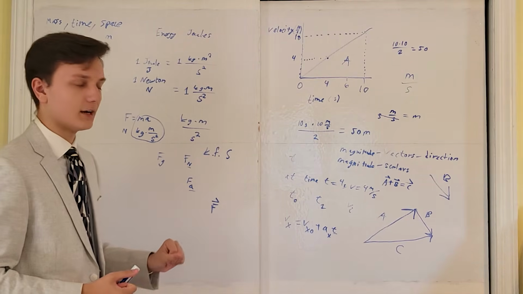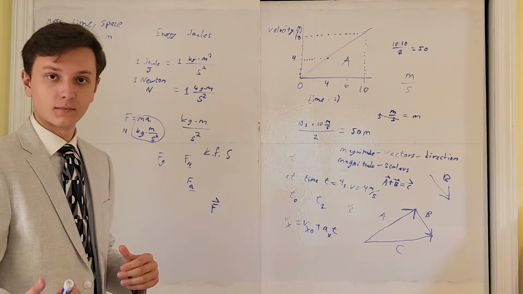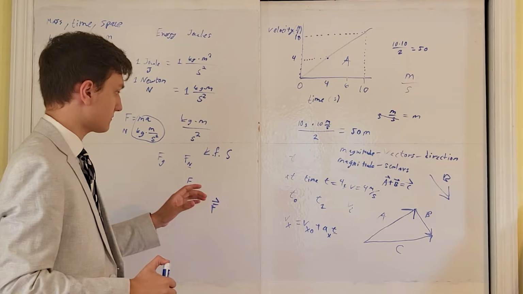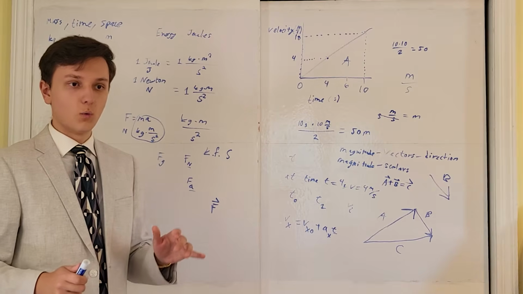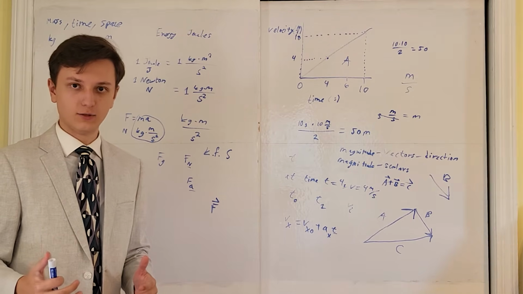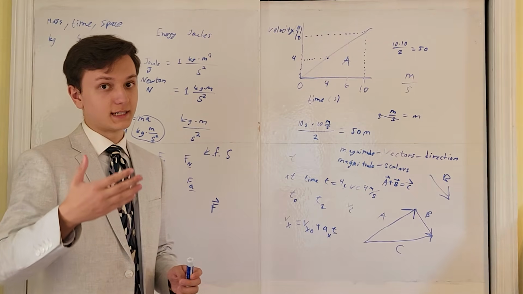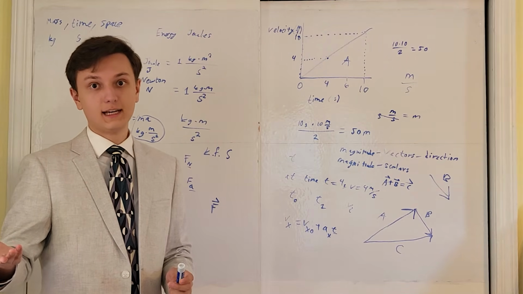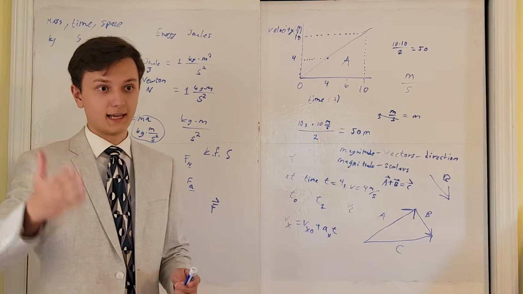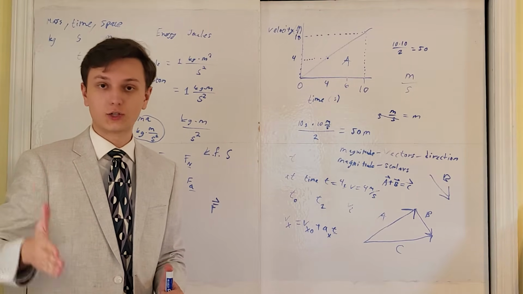And once you've discerned everything that the problem is giving you in numerals, then you will identify what exactly the problem is asking you for, okay? So the problem might say, where does the car end up? And you would need to recognize that that is asking you for the final position of the car.